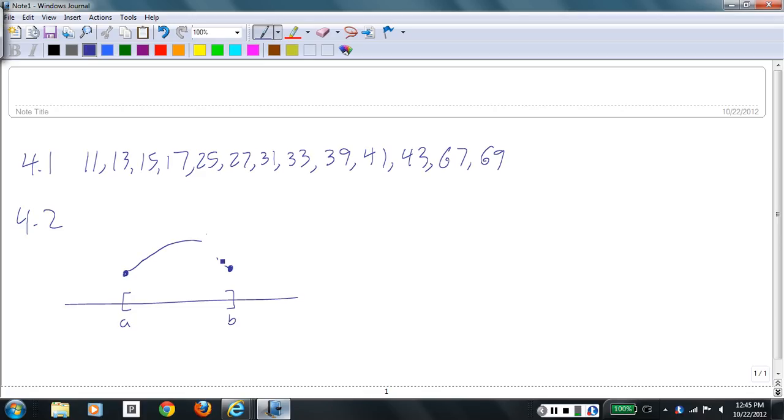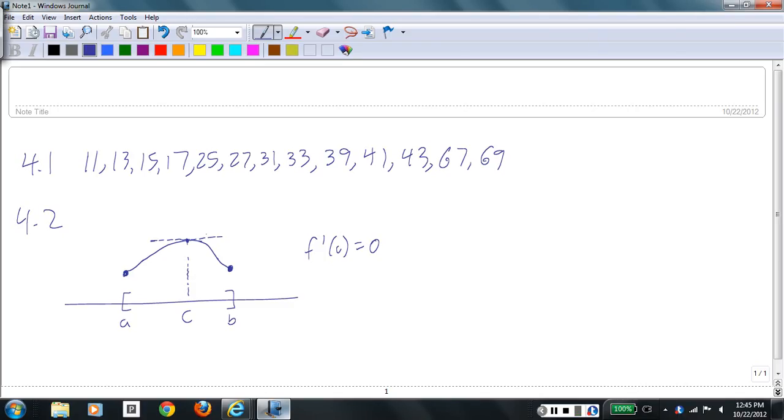It does not give us a way to determine where that is, but there has to be at least one number c in between where f prime of c equals 0, and when f prime of c equals 0, that results in a horizontal tangent line.